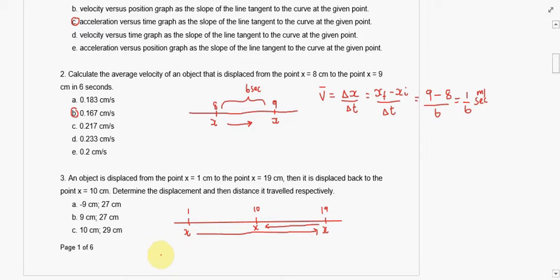So the displacement, which we'll just call x, is the shortest distance from my starting point to my ending point.